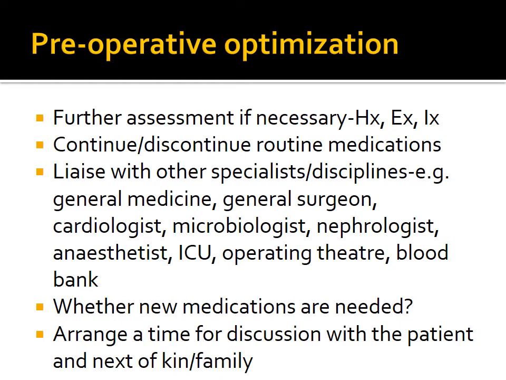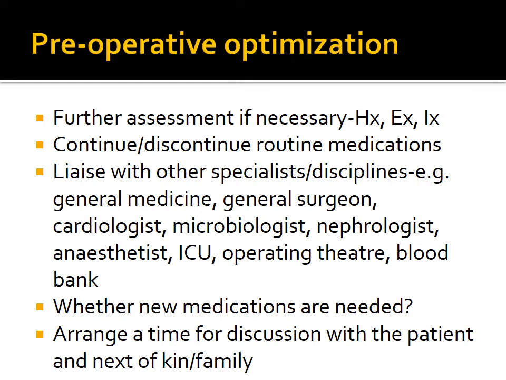So further into preoperative optimization, see whether we need to do further assessments based on what you have found in the history, examination, or investigations. And so as I mentioned earlier, continue or discontinue routine medications, the patients that has been on all this time.